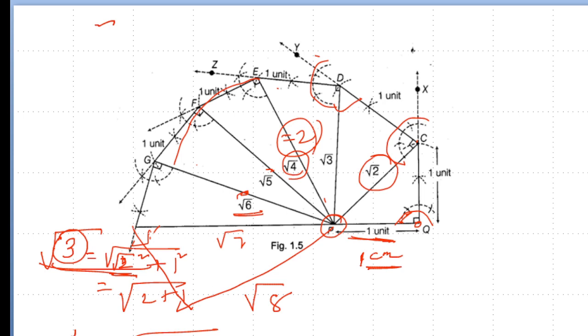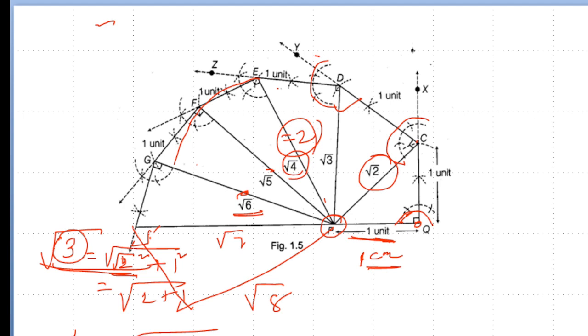For that reason this is called the Pythagoras snail. This is the concept of your snail. Whenever any square root is told to you to make, you don't think twice, just follow the Pythagoras theorem, take a unit and make it.